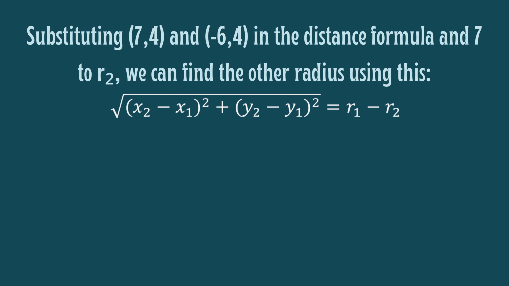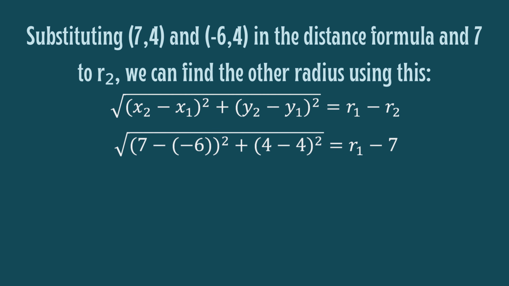Substituting 7, 4, and -6, 4, in the distance formula and 7 to r sub 2, we can compute the missing radius like this. Thus, r sub 1, or the radius of circle A, is equal to 20.